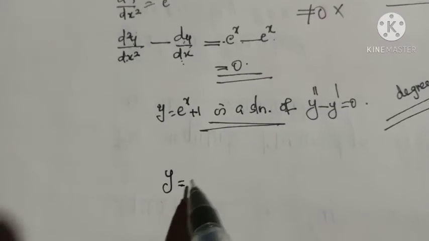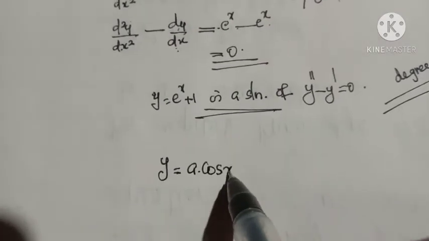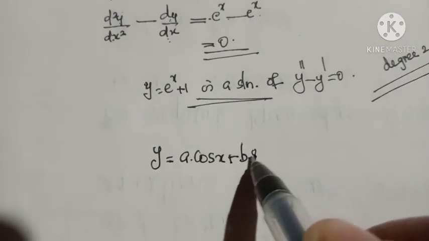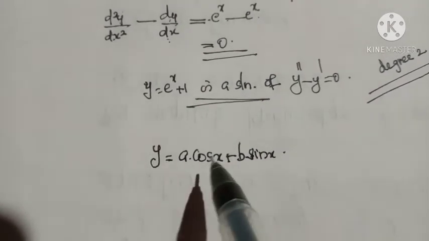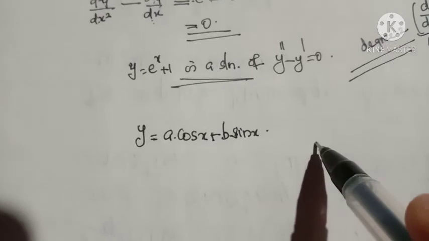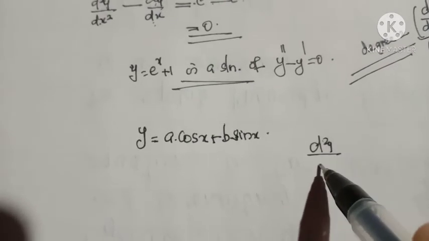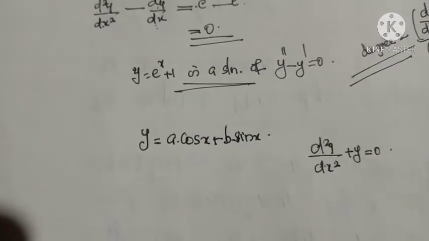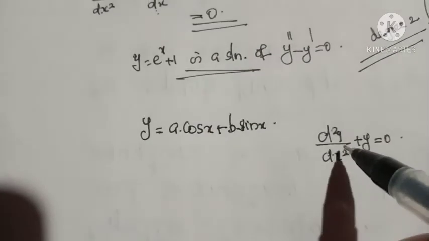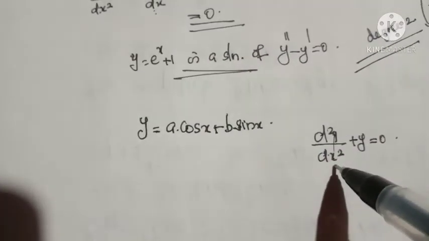y equal to a into cos x plus b into sin x. We need to verify whether this function is a solution of the differential equation d square y by dx square plus y is equal to 0. So we need to find d square y by dx square.